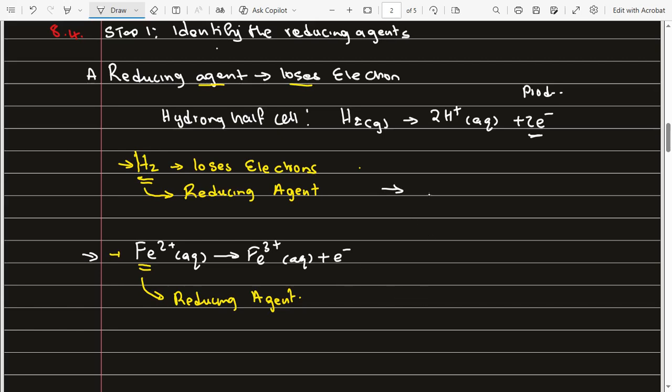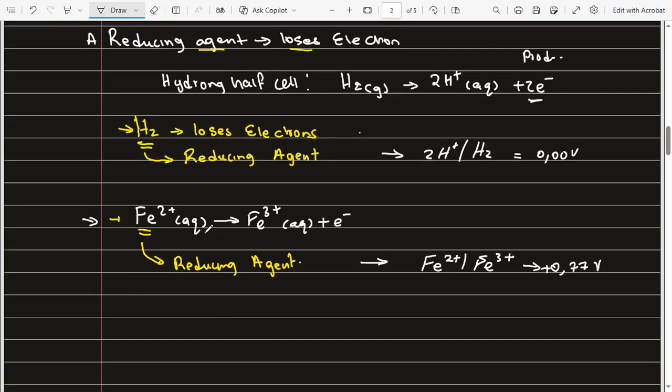The 2H plus or the H2 has a standard potential of 0.00 V, and then the Fe3 plus or the Fe2 plus has a standard potential of 0.77 V.